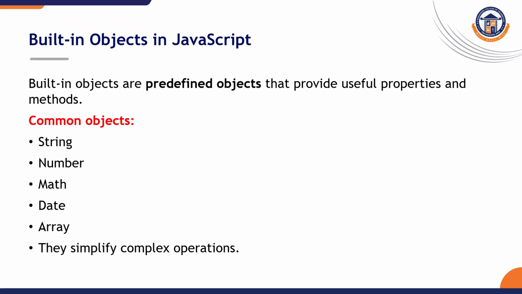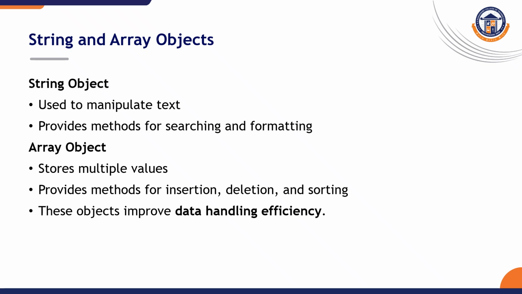Built-in objects in JavaScript. Built-in objects are predefined objects that provide useful properties and methods. Common objects: string, number, math, date, array. They simplify complex operations. String and array.